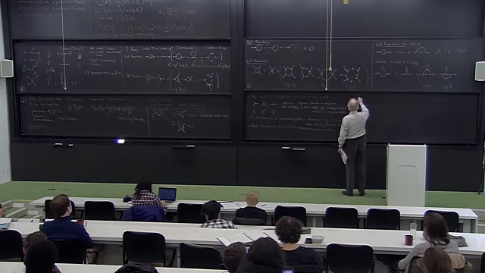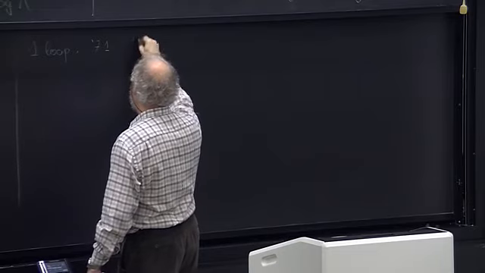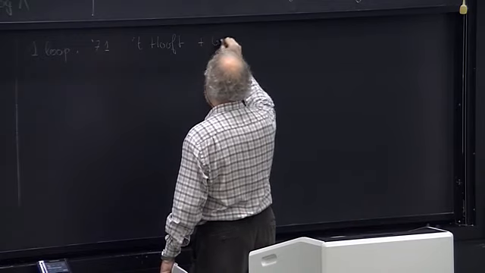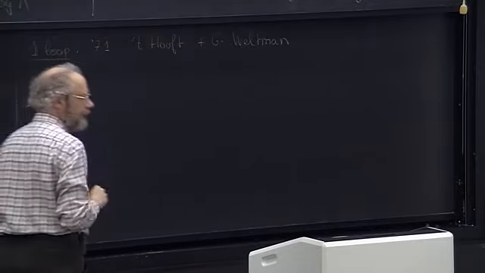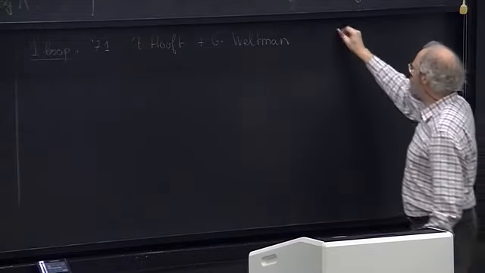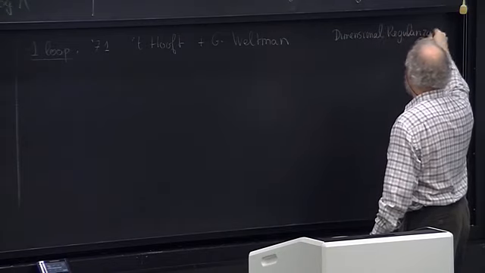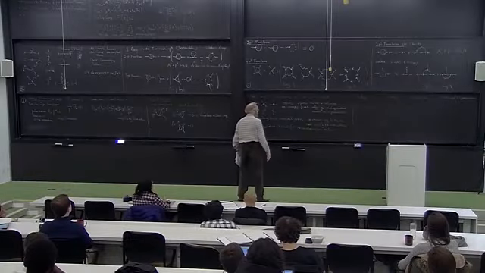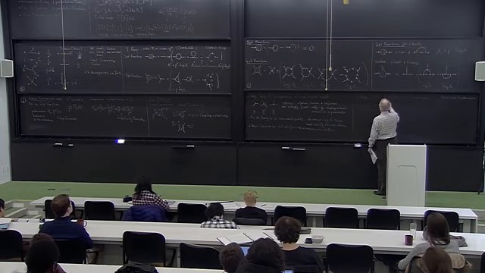The solution of this problem at one loop was found, I think, around 71, 72, by Gerard 't Hooft and Martinus Veltman, who showed by an explicit calculation at one loop, using the trick of dimensional regularization, that indeed, if you did things properly, the Yang-Mills theory is renormalizable.